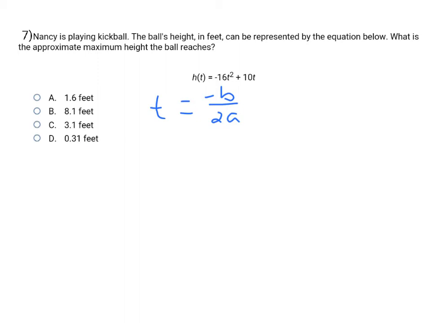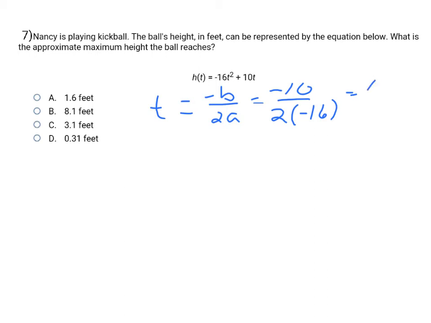But here it wants feet, so it means I'm going to have to take it one step further and substitute that back in. So one step at a time, though. Here, my b number is 10, so the opposite of 10 is negative 10, all over 2, and my a number is negative 16, the coefficient in front of t squared.